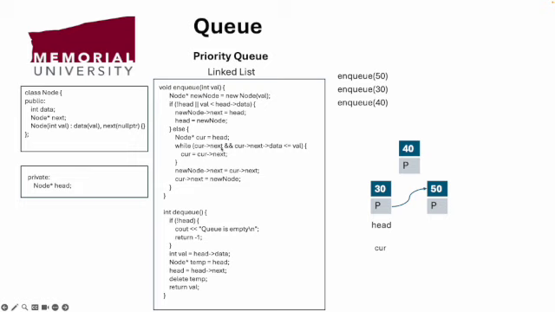The current next is not None, which means it's not the last element, and the current next data is less than or equal to this value. Let's move forward. For example, here, current next is not None, and the current next data, 50, is greater than 40.